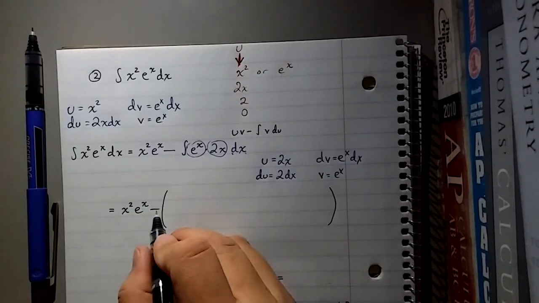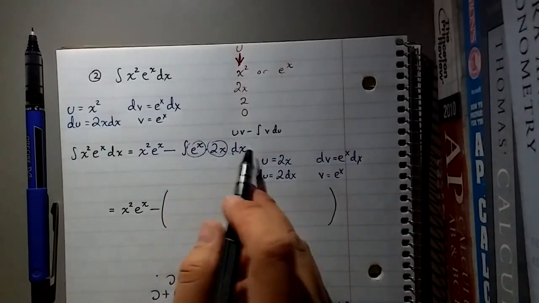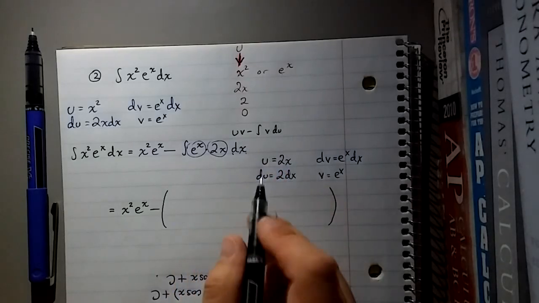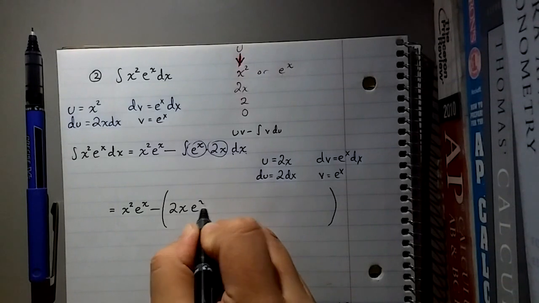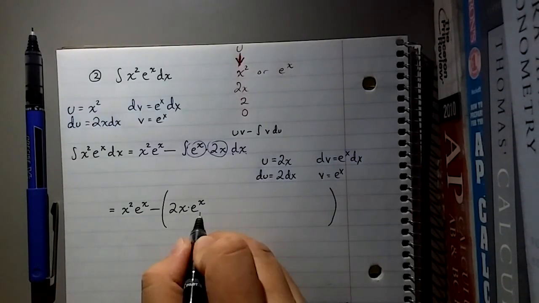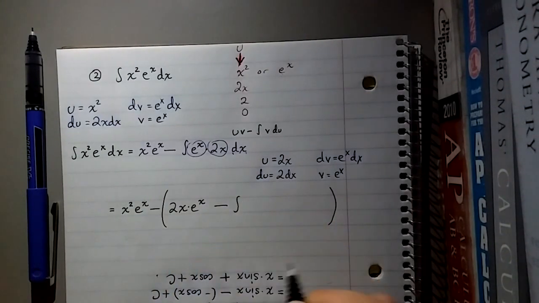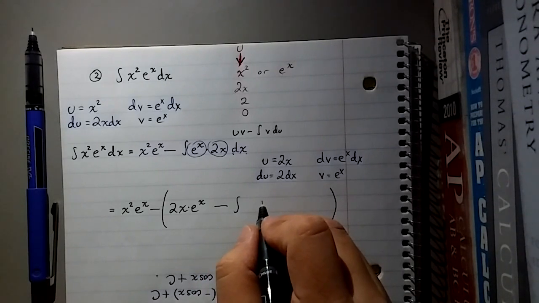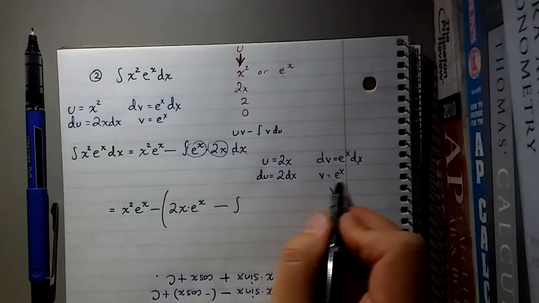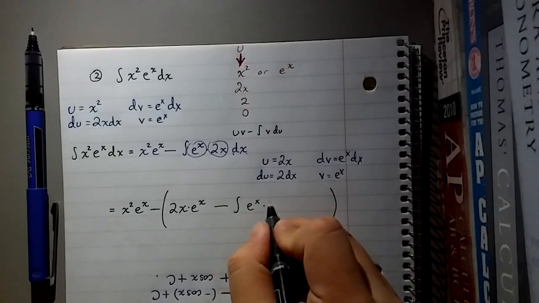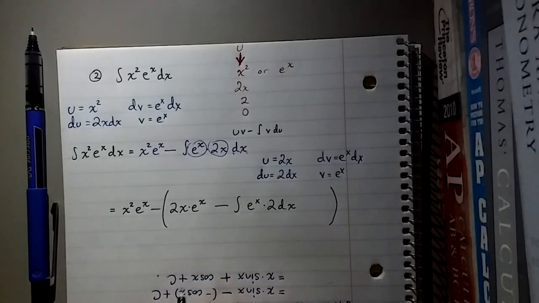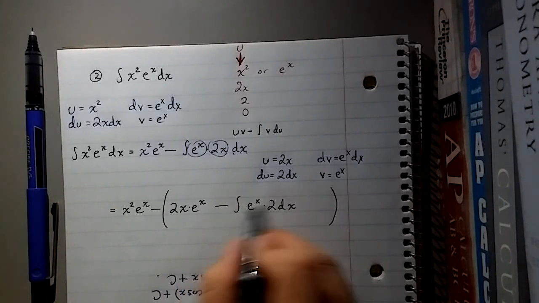Now, minus, this is, again, uv minus v du. So there's my uv minus the integral of v du. v is e to the x, du is 2 dx. Thankfully, we can integrate this one.